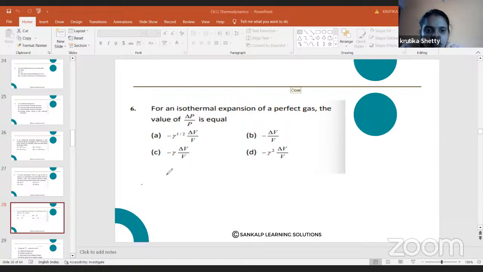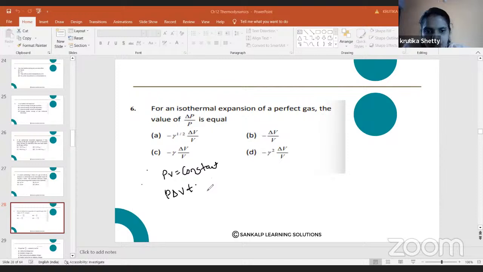So how to do this one? PV is equal to constant. Again, PV is equal to constant, we know that here. So I'll differentiate this equation: P delta V plus V delta P is equal to constant, which means 0.